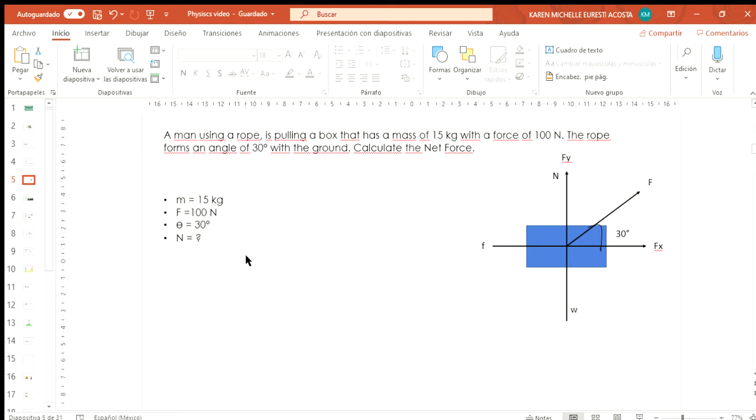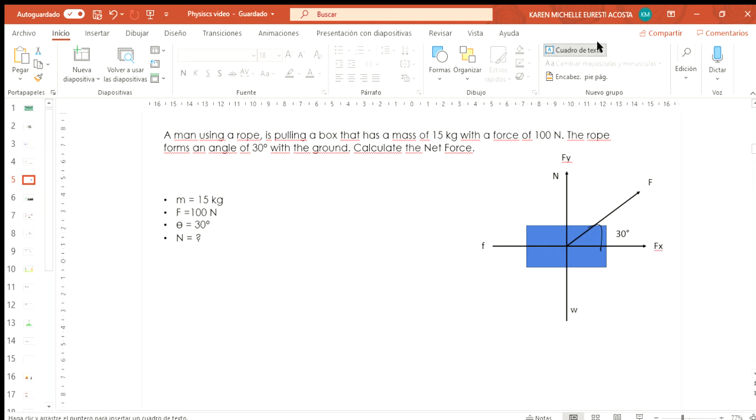So we have the knowns that they give us, and for this type of problem it is easier if we use a diagram like this, so we can see that the force is going that way and forms the angle, and since it forms an angle, it has to be decomposed into the Fy force and the Fx force.